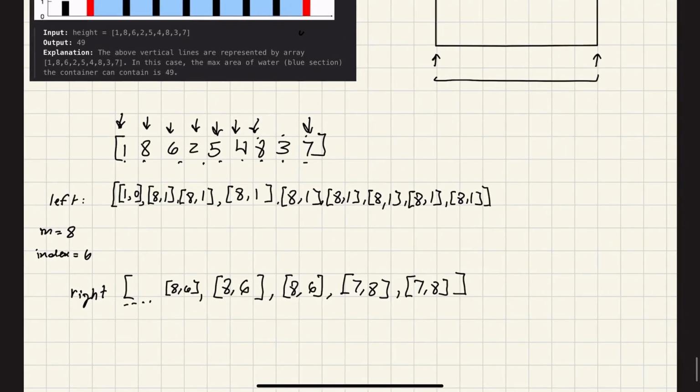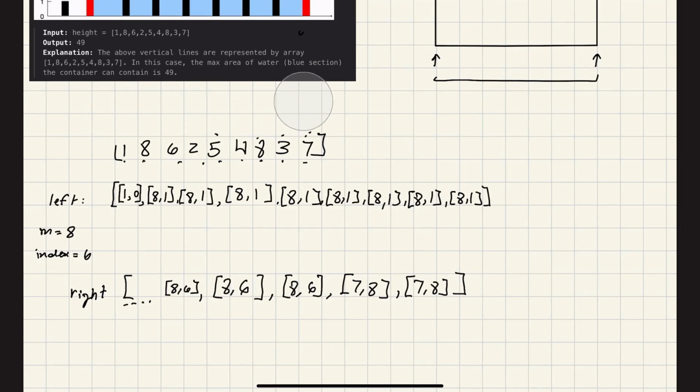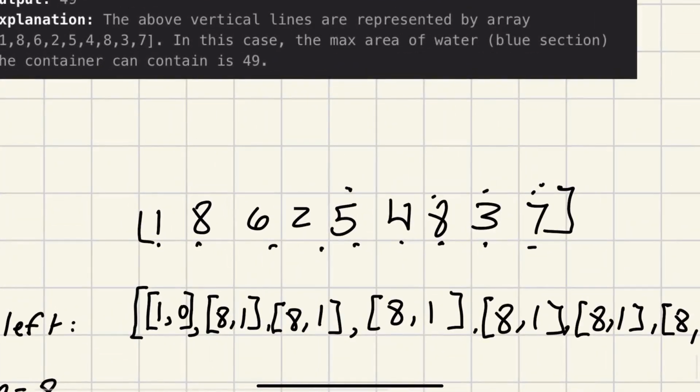Well, let's say now we were to iterate through every single value again. For example, let's say we are at this 5. We're at index 0, 1, 2, 3, 4.